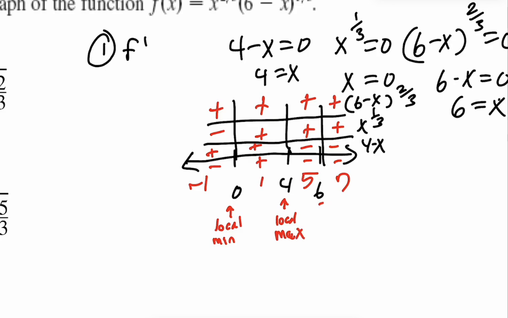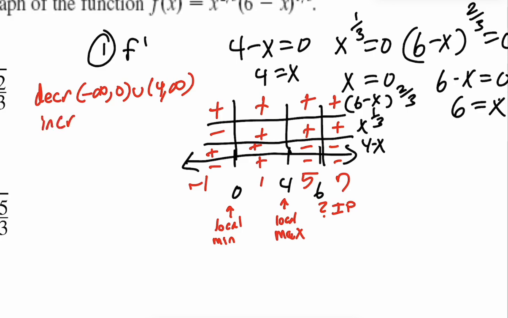I'm suspecting maybe that that's an inflection point, but if it is, it'll rear its head again in the second derivative. So it is decreasing from -infinity to 0, and then from 4 to, we'll just go 4 to infinity for the room's sake. Okay, it is increasing only from 0 to 4.